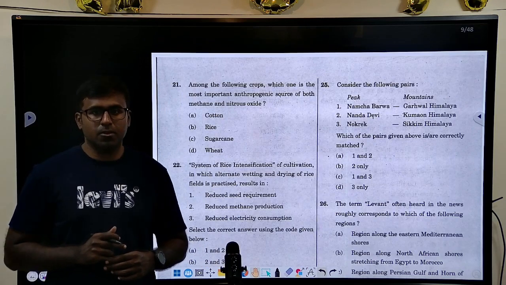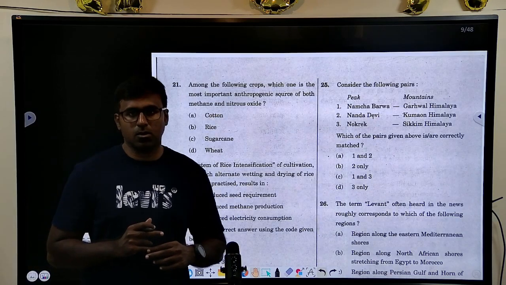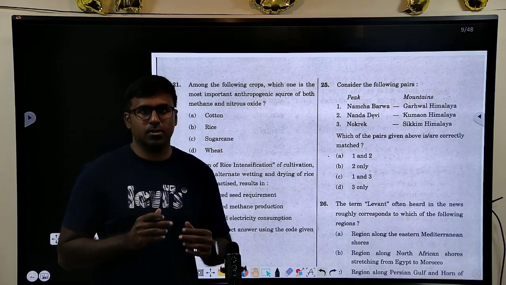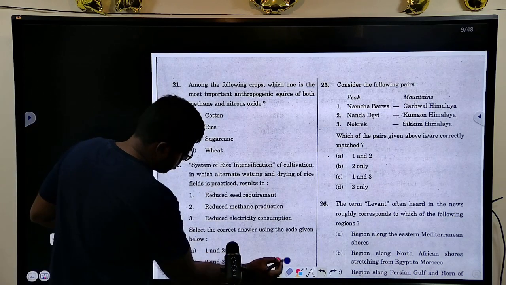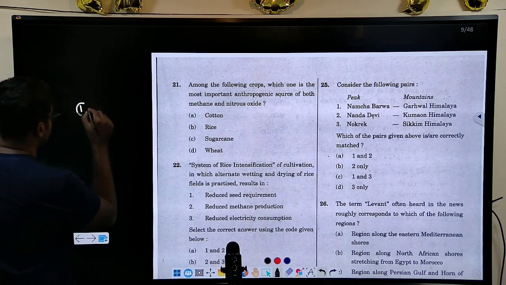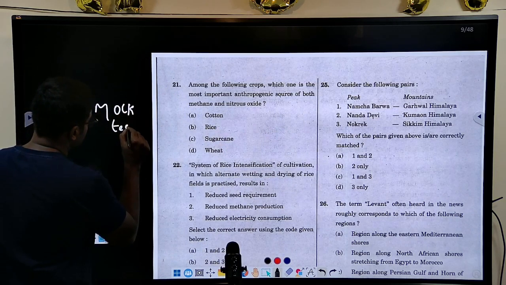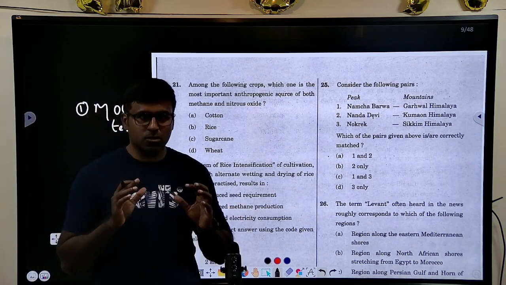Hello friends, we will go to the second part of the question paper that we were solving, that is the 2022 question paper. I want to start this session by saying that mock test scores, now you will be writing mock tests. Do not worry about these mock test scores.